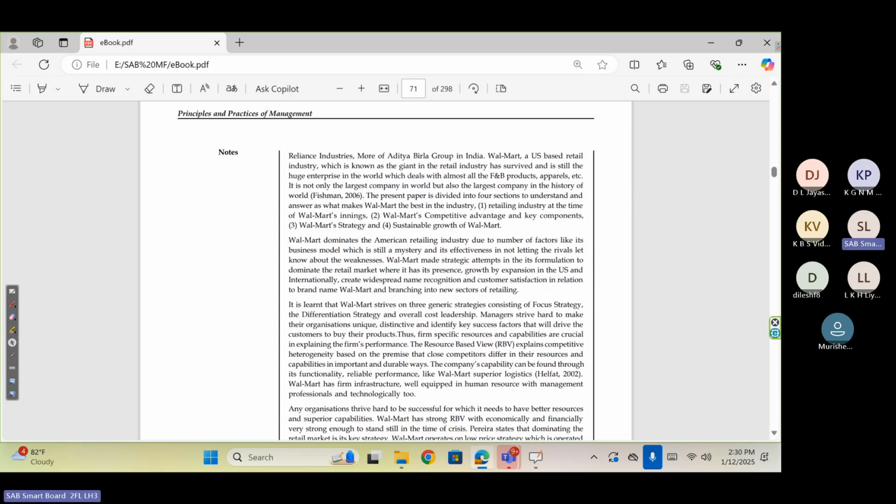Okay, Walmart made strategic attempts in its formulation to dominate the retail market, where it has its presence grow by expansion in the US and internationally, create widespread name recognition and customer satisfaction relating to the brand name Walmart, and branch it into new sectors of retailing also.